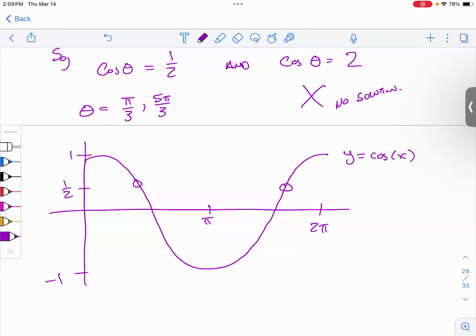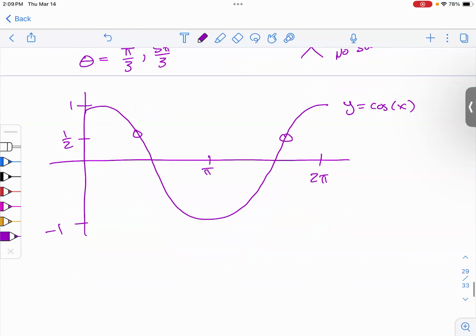Do we still have a solution overall? Yeah, because we have cosine theta equal to 1/2. But with this type of thing, it's often that the other one will just be extraneous. Don't get stuck on that forever. Hence, theta equals pi over 3 and 5 pi over 3.